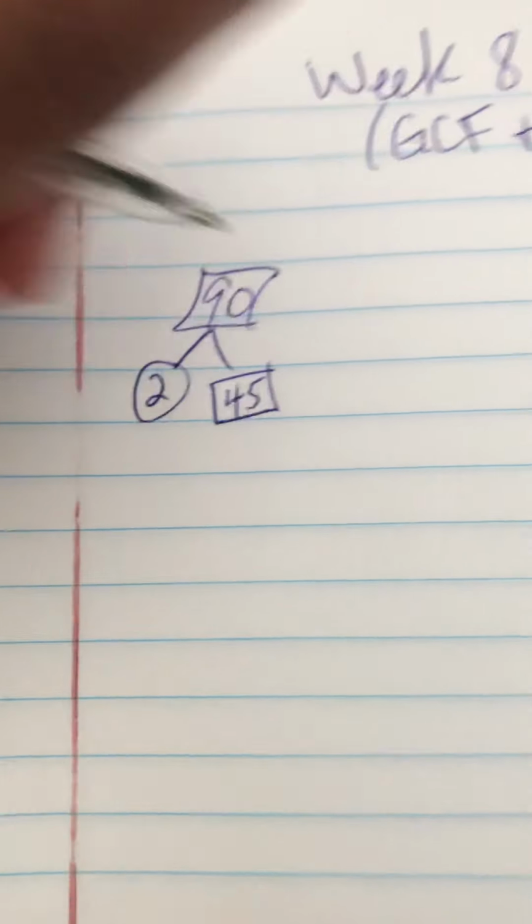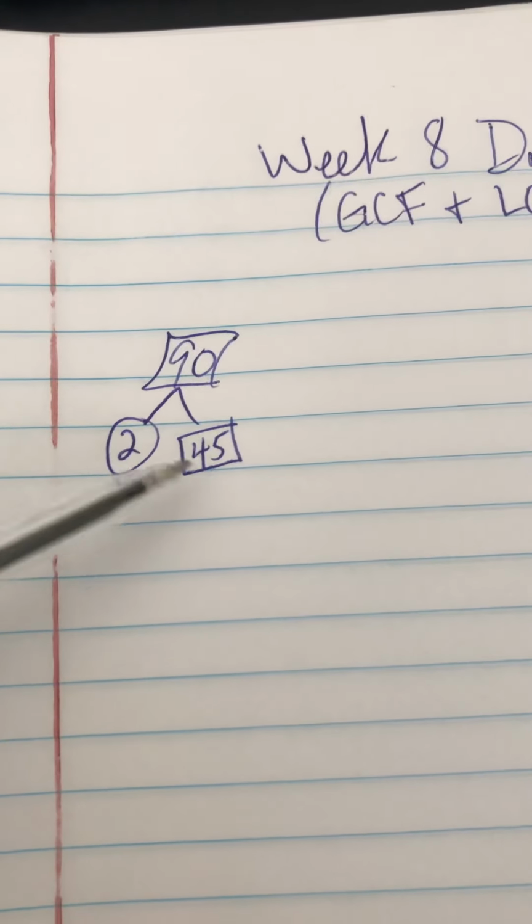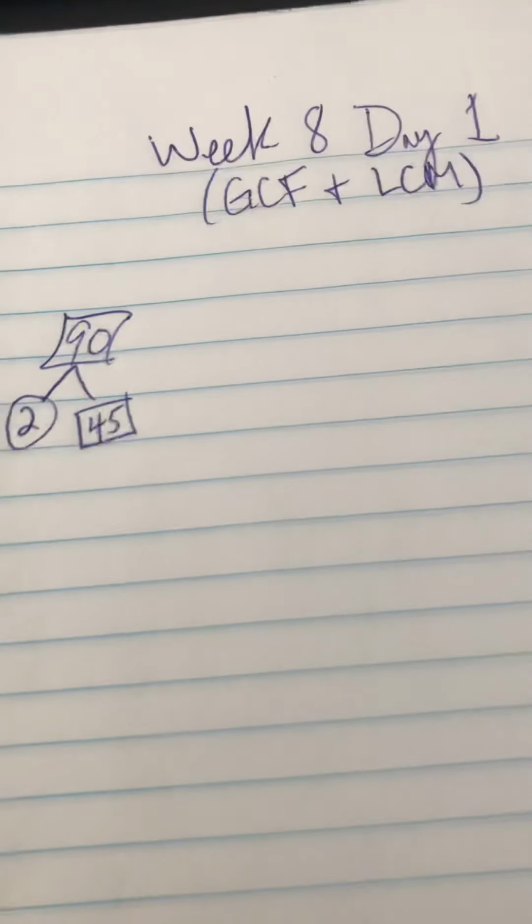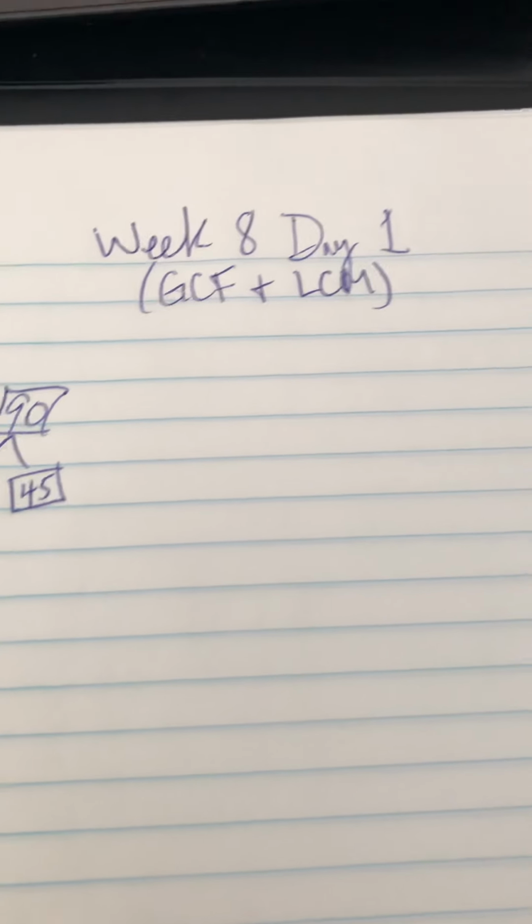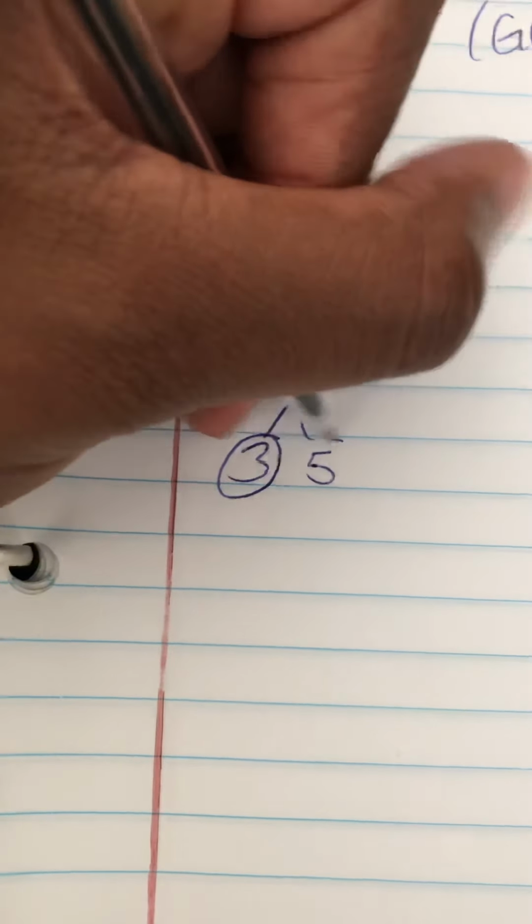All right, let's do this. It's 90, because the questions are asking us if it's true or false. So we start with 2, remember? 2, and then 45. The circles are all the prime numbers. Then 45, and then we do 15, and then 3, and then 3 and 5.